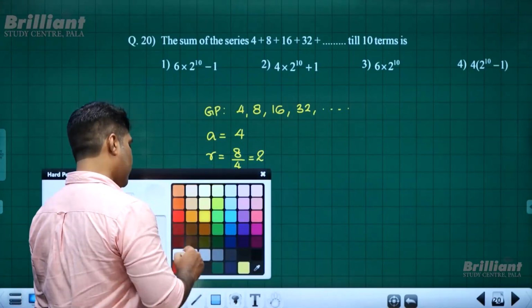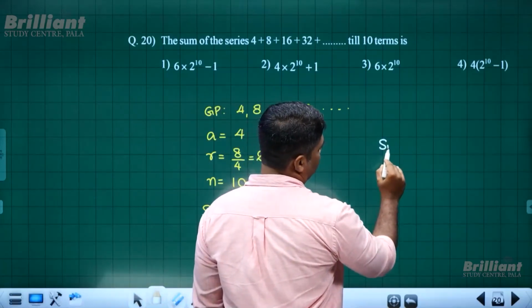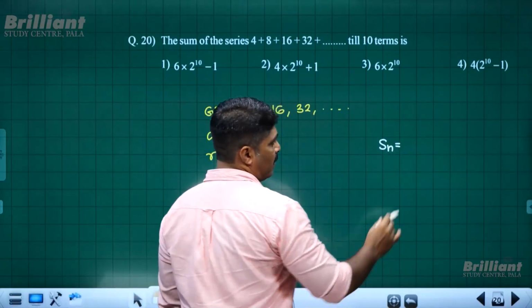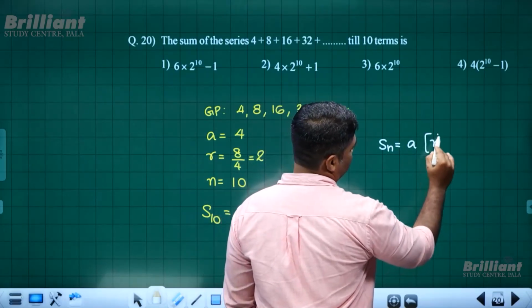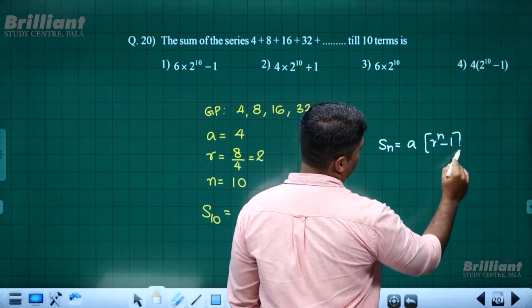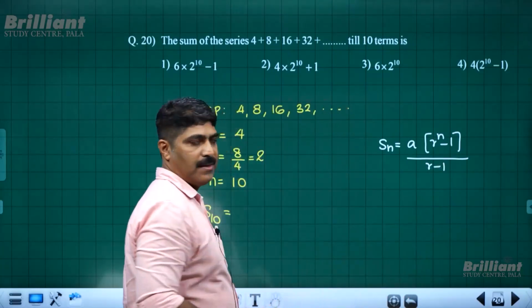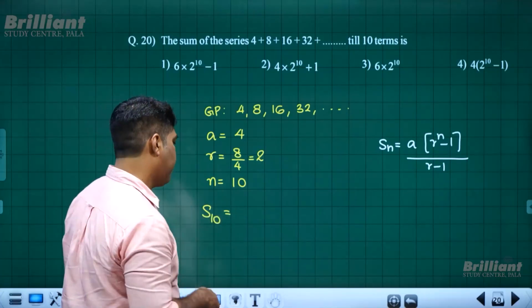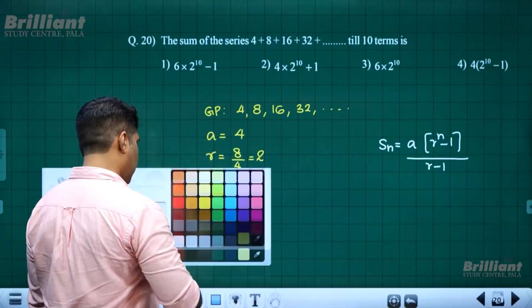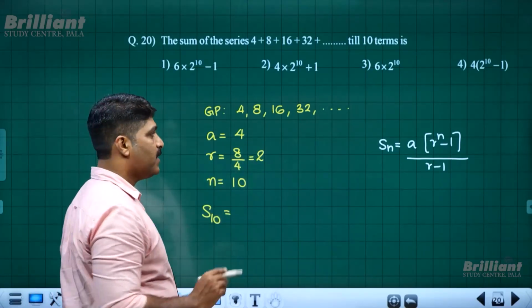For that purpose, we just recall the result: sum to n terms of a GP is a into r raised to n minus 1 divided by r minus 1. This is the result when r is greater than 1. Here the common ratio is greater than 1, so we are applying the same result.